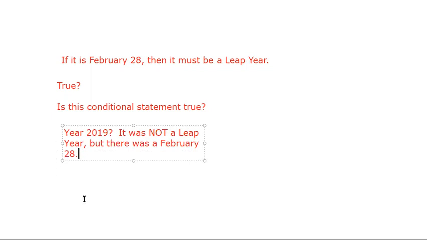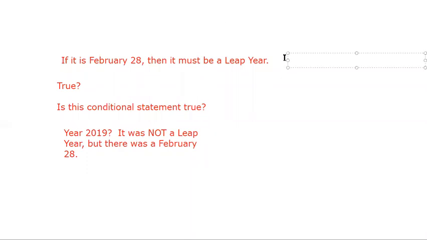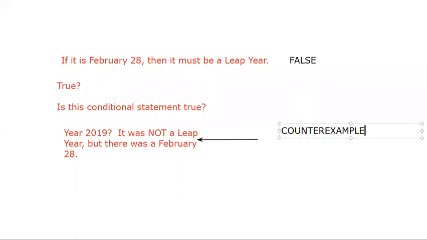So I could come up with other years, but that's all I need. This statement is false because I came up with one counterexample. It's also called a conjecture. Those are the same thing. So a counterexample or a conjecture is only one instance that proves the statement false.